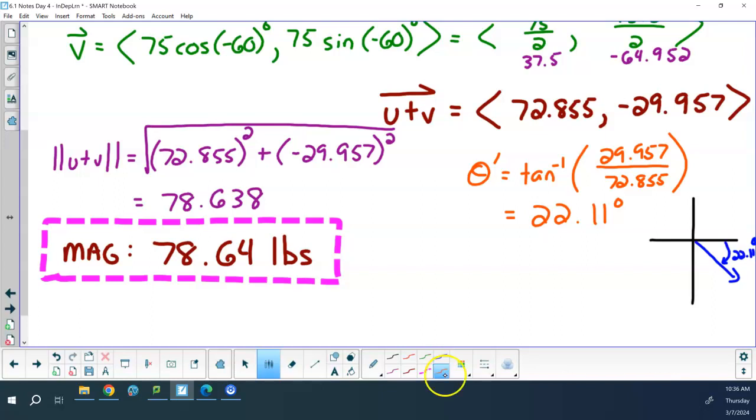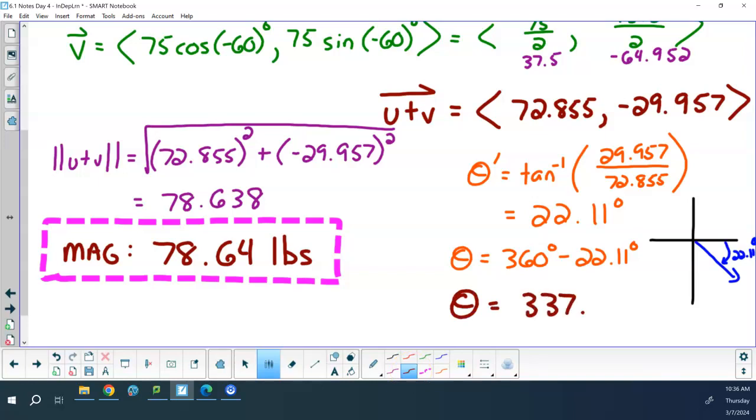Which means it's a 4th quadrant angle, which means that actual theta is going to be 360 degrees minus 22.11. Which gives me my direction of 337.89 degrees.